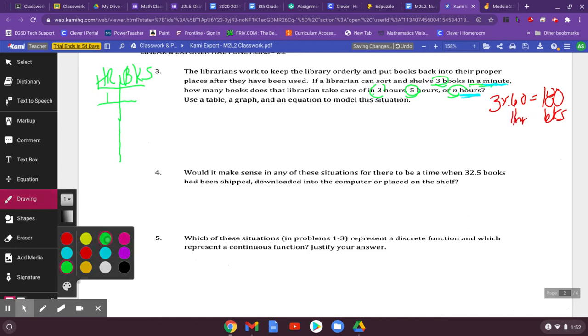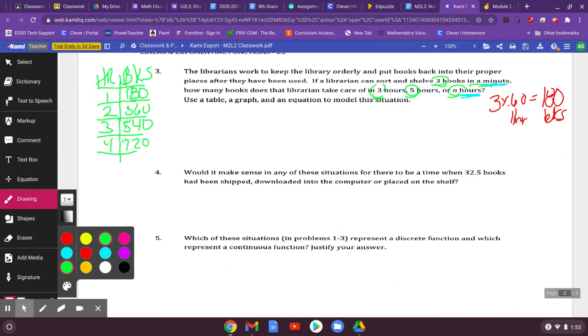So, going back over here, 1 hour would be 180 books. 2 hours would then be 360. 3 hours would be 540. 4 hours would be 720.